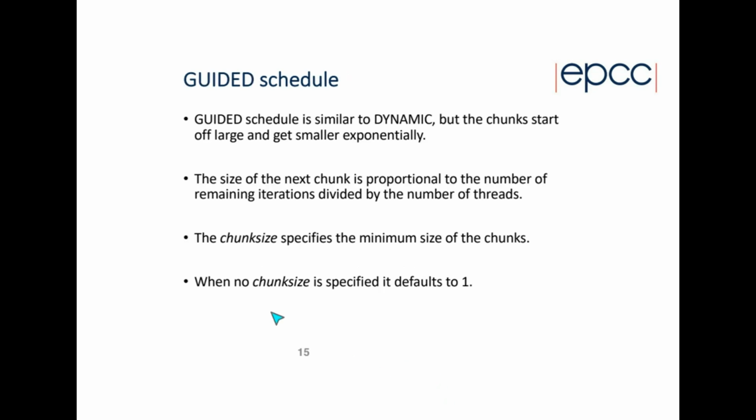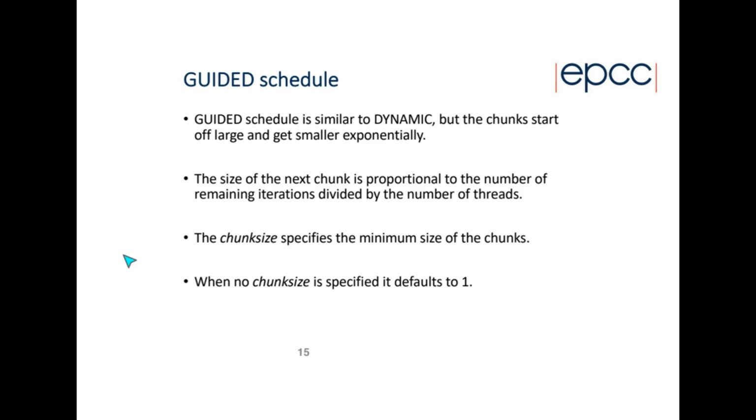We'll come to an example in a minute, because I also want to introduce the guided option for the schedule kind first. This is similar to dynamic in the sense that it's also a first come, first served algorithm, but instead of having all the chunks the same size, for guided, the chunks start off large and then get exponentially smaller towards the end of the loop.